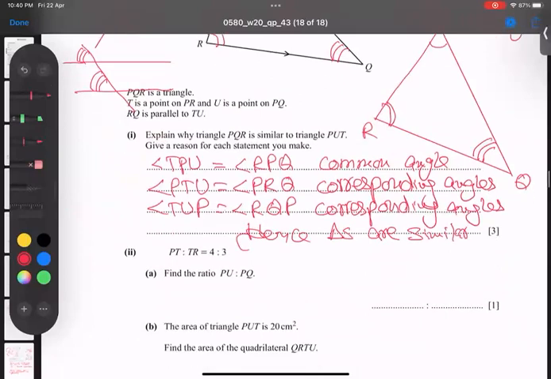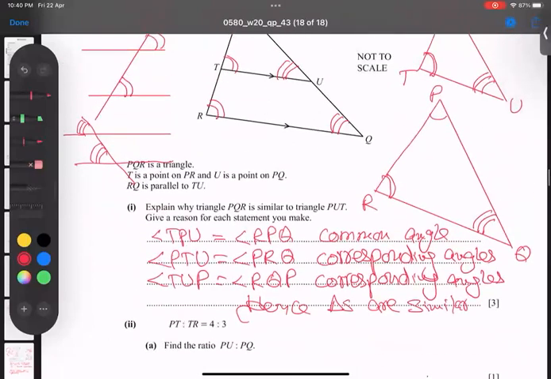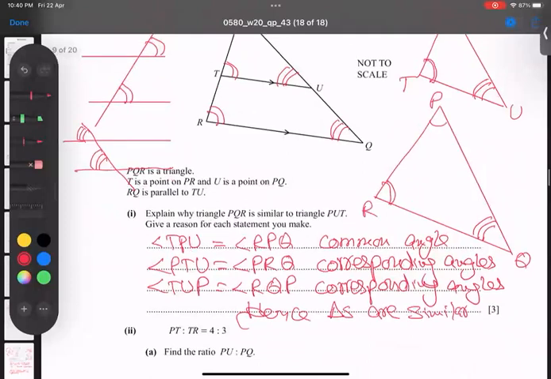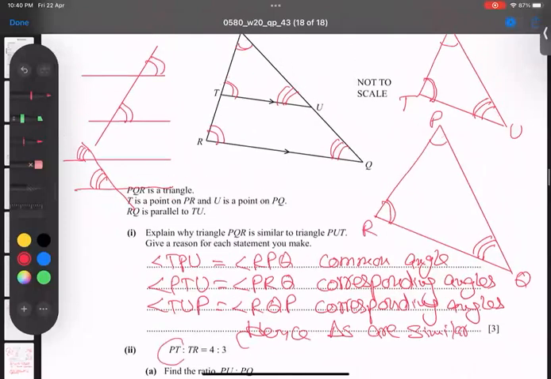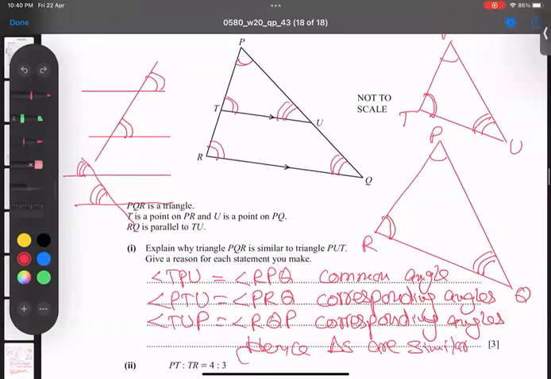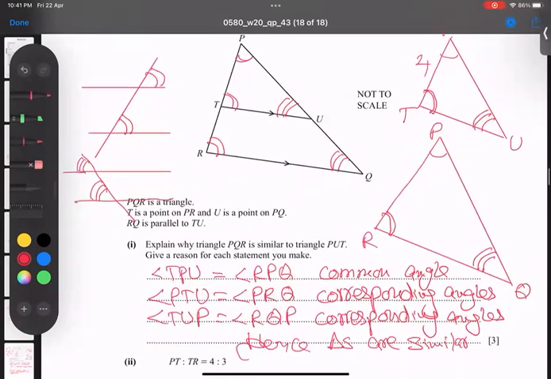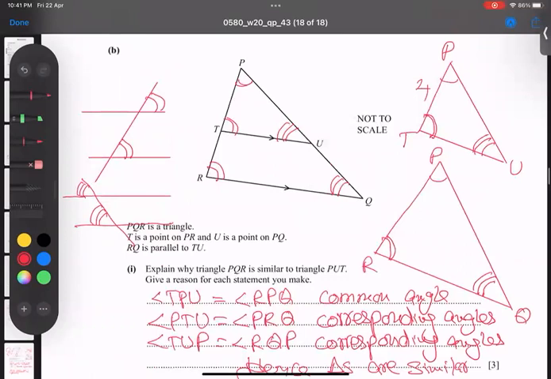Okay. Now he mentioned further in the question below that PT is, oh sorry, I repeat again. PT is 4 and TR is 3. Where's PT? Let me check on the top. Yeah, this is a 4, and TR. Wait a minute. Oh, I think it is better to see from here.